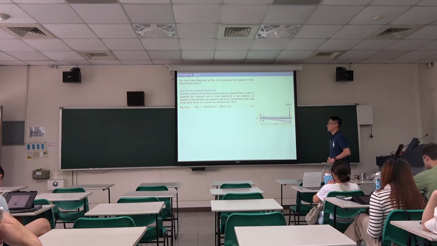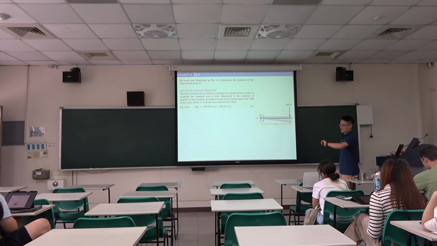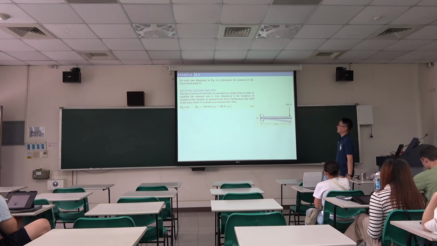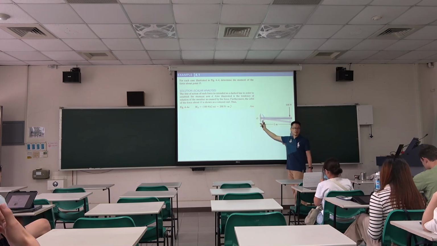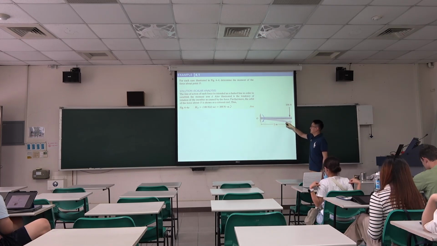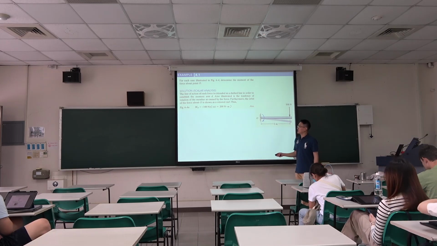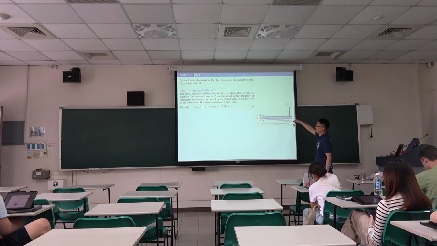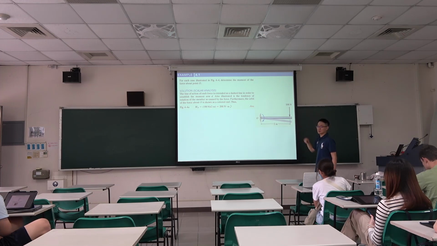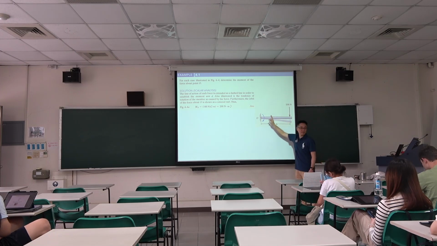So here is some practice. Example 4.1. For this case, determine the moment about point O. The reference point is point O, and the force is 100 Newton. The moment arm is 2 meter. So our calculation is 100 times the lever arm 2 meter, and it gives positive because the reference point is here.